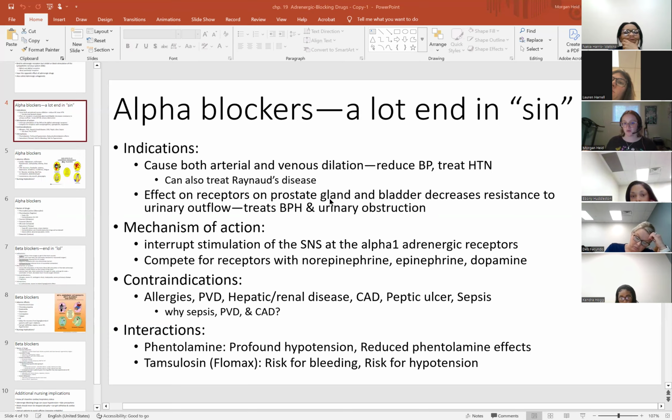It's going to keep those blood vessels nice and open longer, which helps prevent the vasoconstriction that would raise it. So if you take an alpha blocker medication for blood pressure, it's pretty effective because those blood vessels can't vasoconstrict.